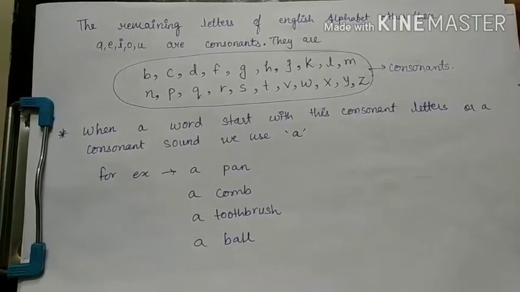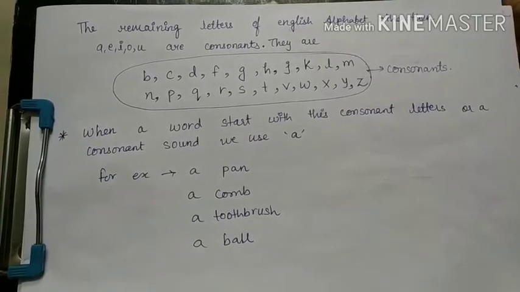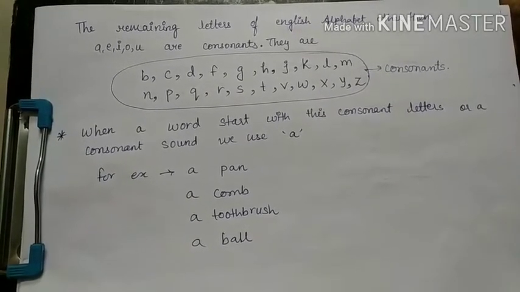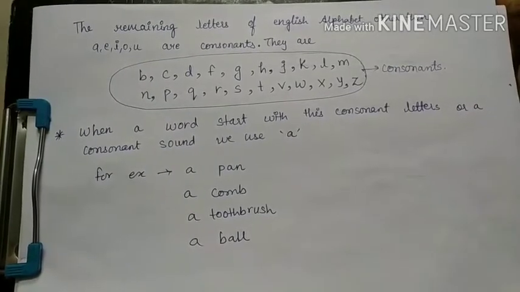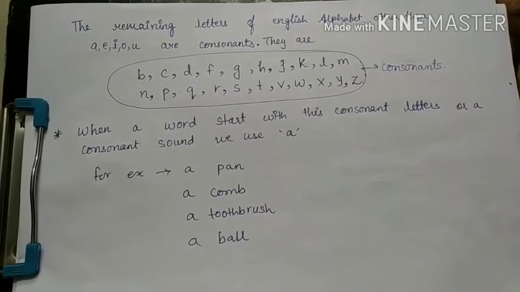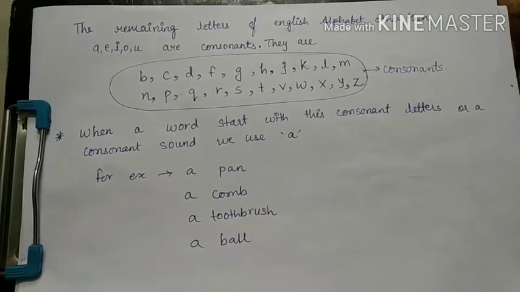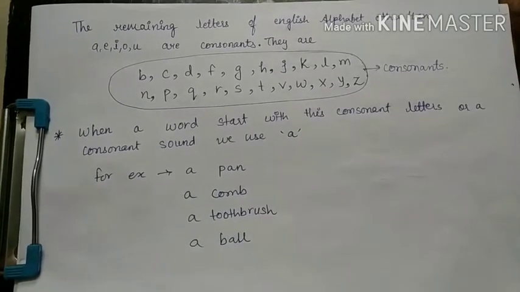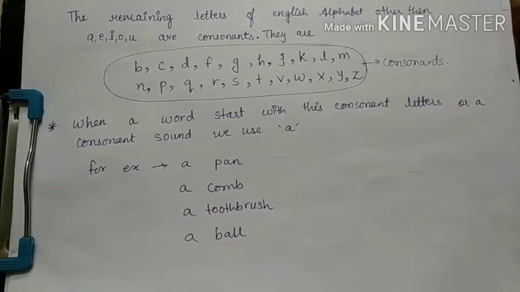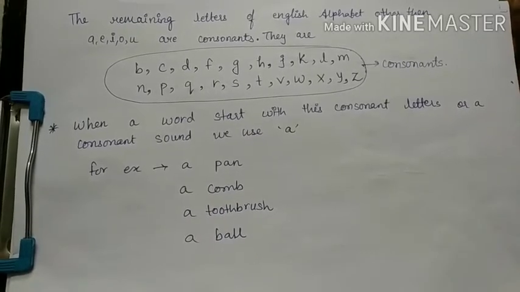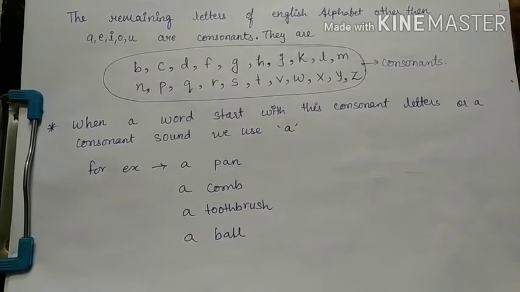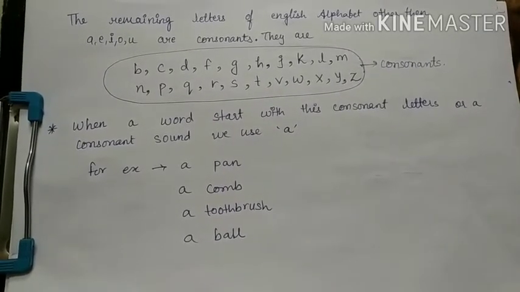They are B, C, D, F, G, H, J, K, L, M, N, P, Q, R, S, T, V, W, X, Y and Z. So when a word starts with a consonant letter or a consonant sound, we use A.